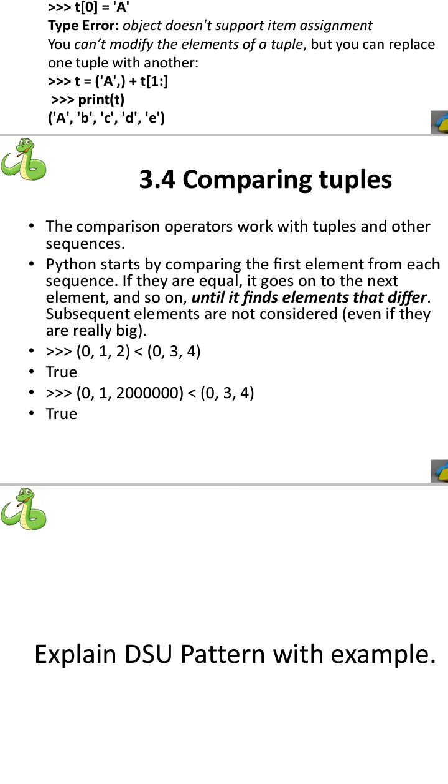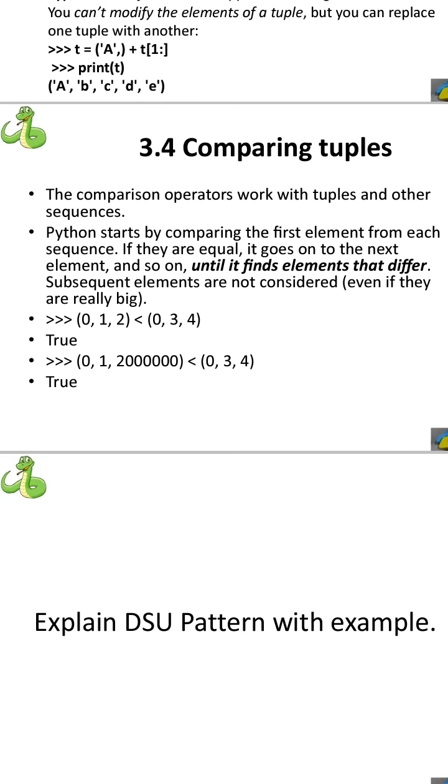So from the first tuple, even though the third element is 20 lakh, it will consider only the first digit of that, that is 2. 2 is less than 4, hence it will not go for the next element. As soon as the elements from both tuples are not equal, it will yield the result. Hence, 2 is less than 4, and we are seeing in the output it is true.